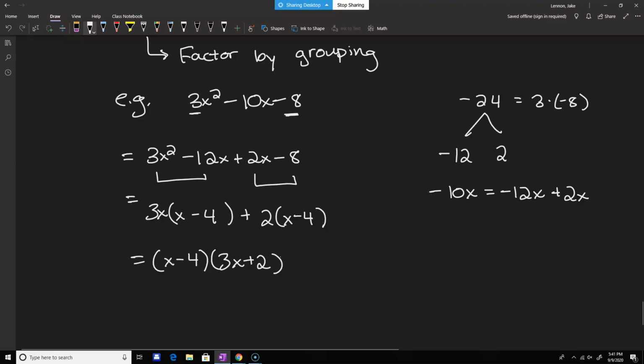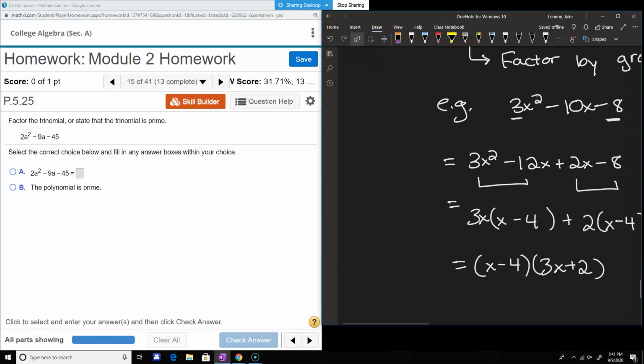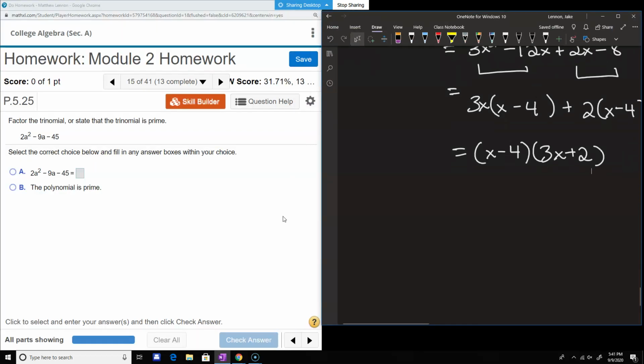If you use a tabular method or another method that you like, that's fine. Let's see what their example is. So for number 15, we're using the letter a: 2a squared minus 9a minus 45. So we would start by multiplying 2 times negative 45. We would get negative 90.